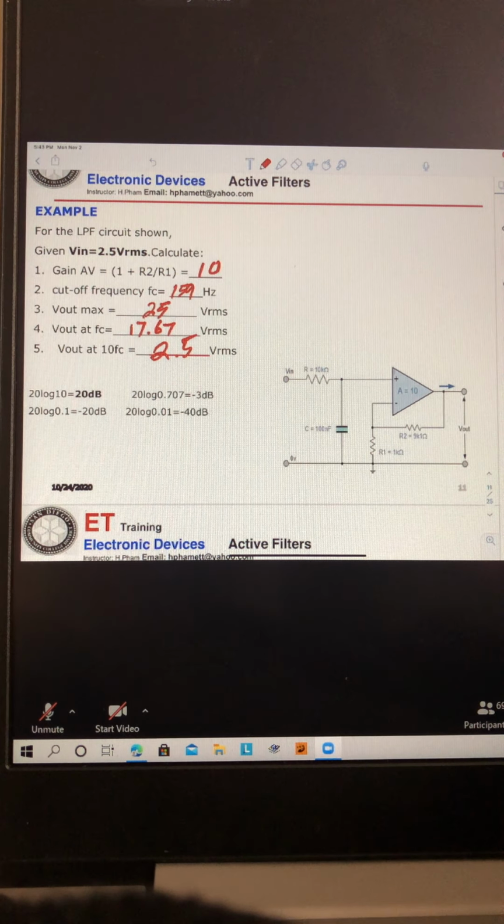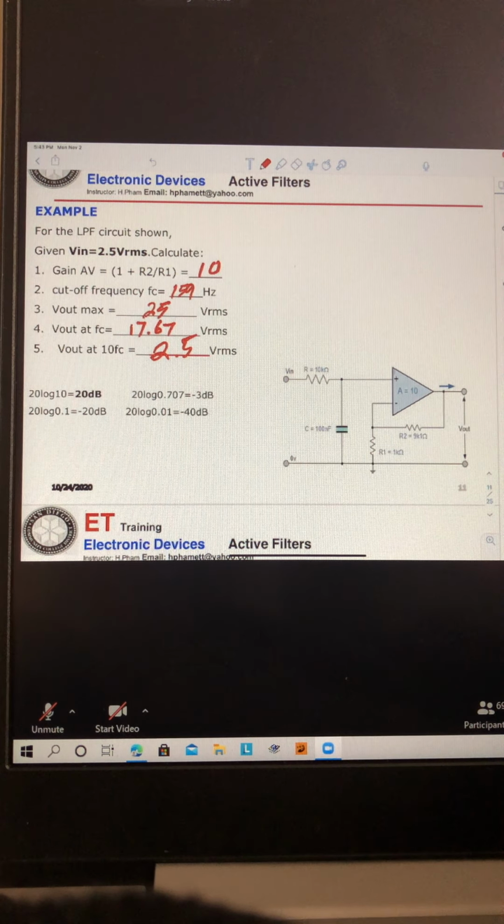Okay, thank you. The next will be a high pass filter. That's the opposite of the low pass. It will pass any signal higher than the cutoff frequency. This is the cutoff frequency here. Any frequency higher than that will be allowed to pass through.